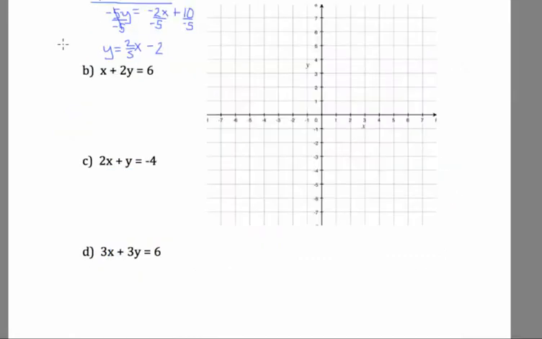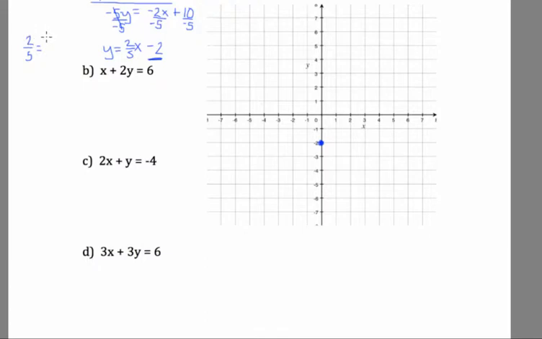Okay, so let's graph. Y equals 2/5 x minus 2. Start with your b number. Your y-intercept is negative 2. Now we need to know about the slope. We already know that it's going to be going uphill because the slope is positive, and it's a number less than 1, so flatter than 45 degrees. Set up your slope number as a fraction, which it already is.